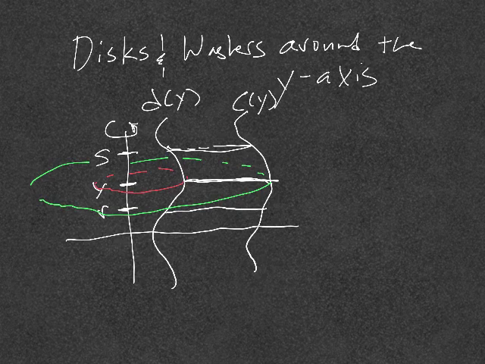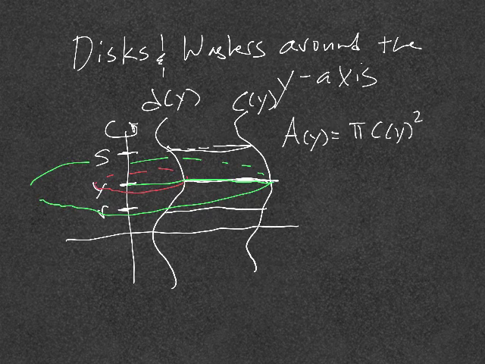And so our area, and now we're thinking about this in terms of y, is going to be the radius of the big circle going out from the y-axis all the way out to c of y. And so the area of the big circle is going to be pi times c of y squared. And then we need to subtract off the area of the inner circle.